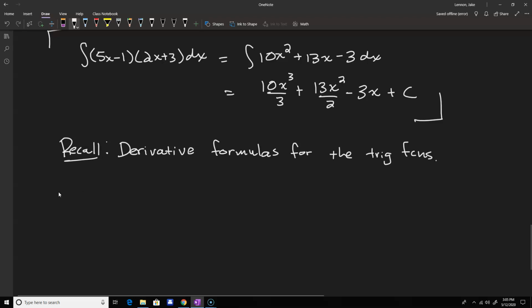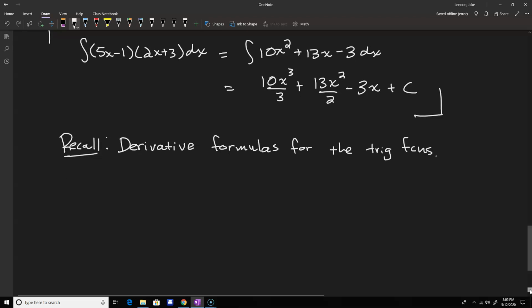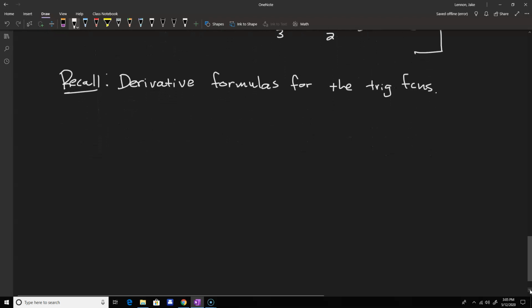We have 6 trig functions that we theoretically have computed the derivative formulas for, and I think they're worth memorizing. Of course, sine, cosine, and tangent go without saying, but even secant, cosecant, and cotangent, it's good to memorize those because it takes a bit of time to apply the product and quotient rule for derivatives.